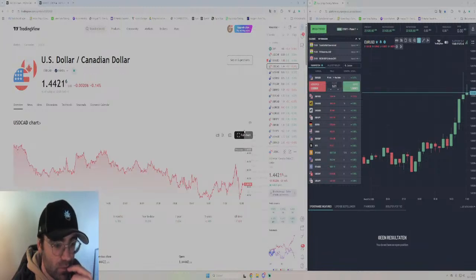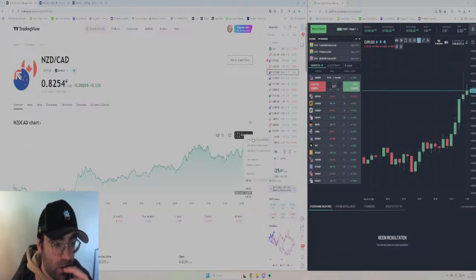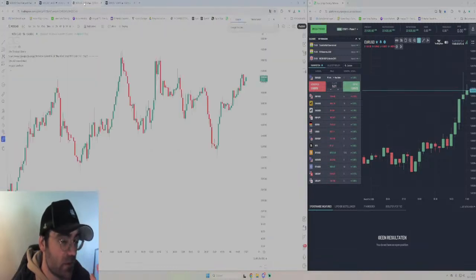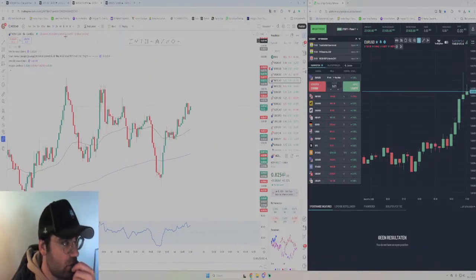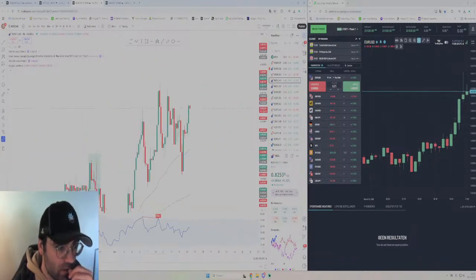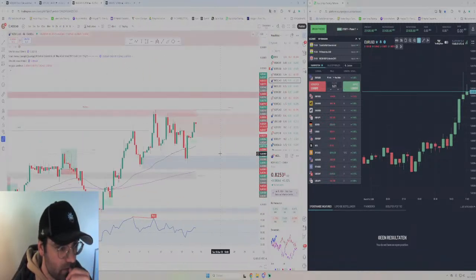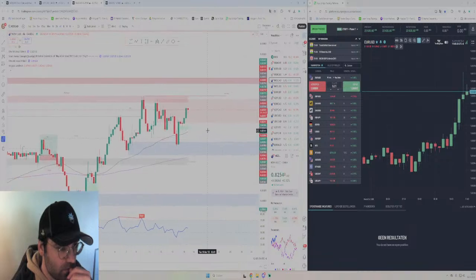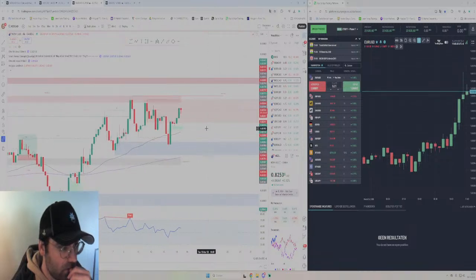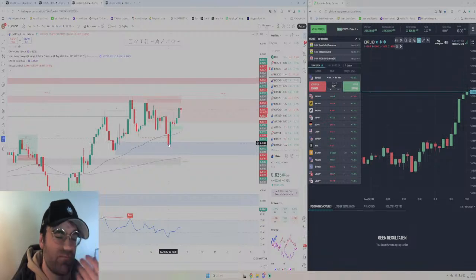USD/CAD will probably also be going crazy. NZD/CAD is a pair that has nothing to do with these. Well, it does, but a little less. Let's see if there's anything here. Again, it just bounced off this zone.